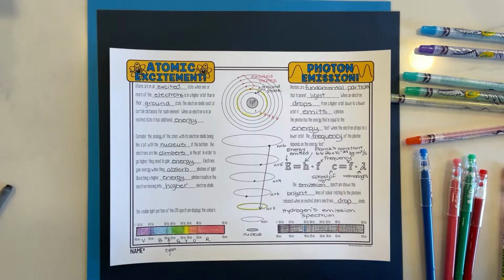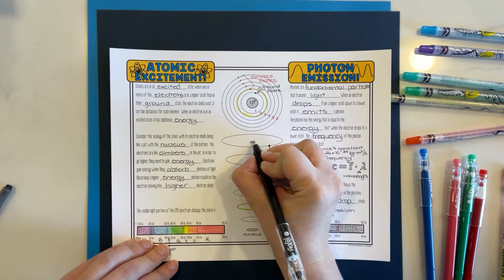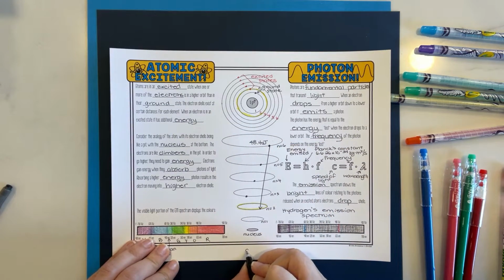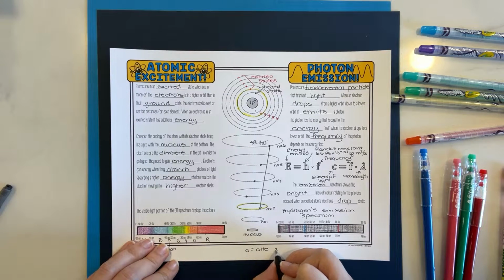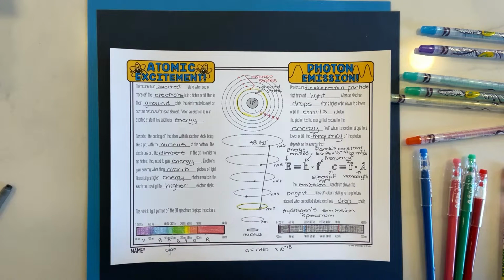In fact, the amount of energy that's given off is 48.4 attojoules. Now, atto is not a common prefix that we use often, but it means times 10 to the negative 18. So attojoules, very, very small number.